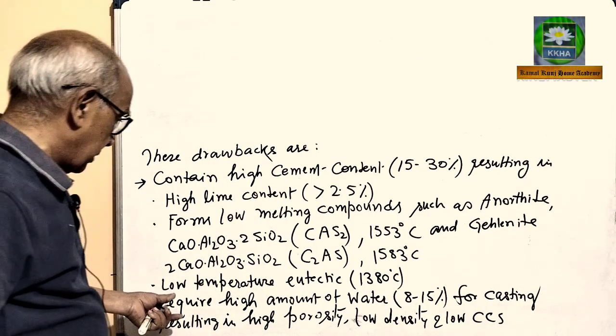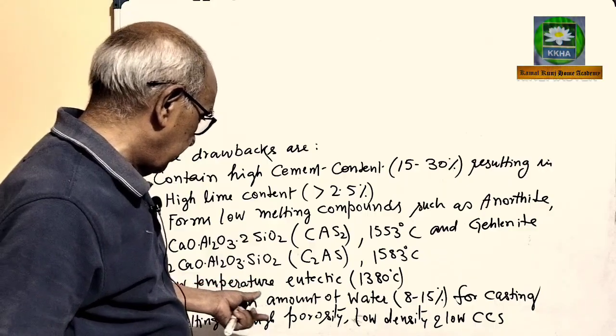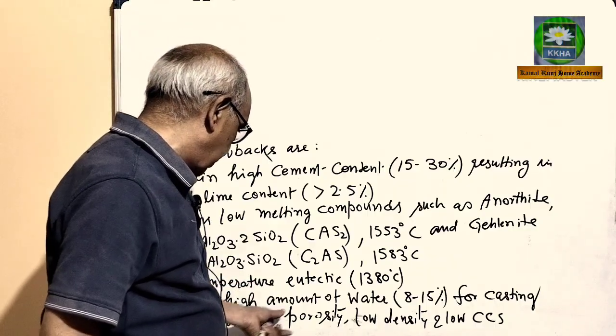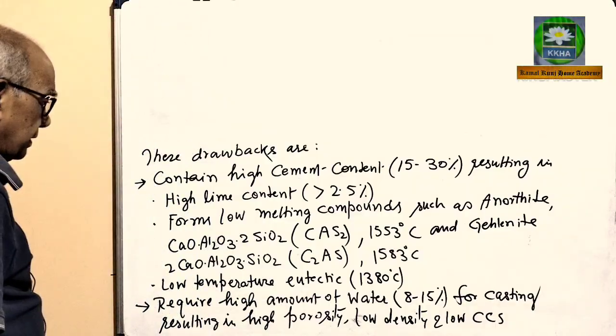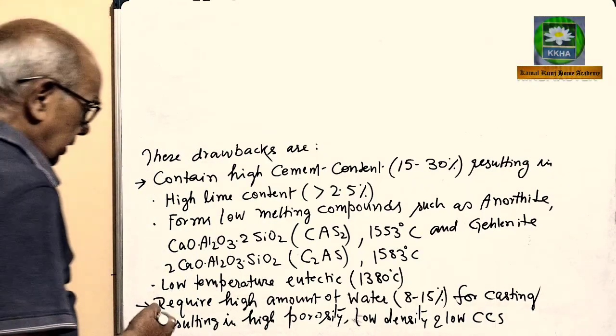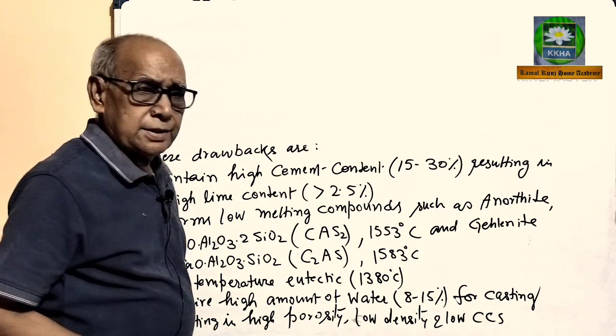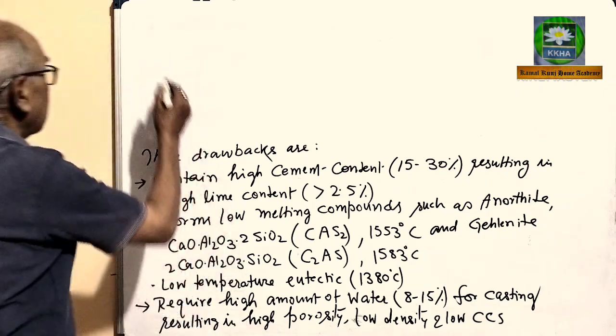Since these castables have high porosity and lower cold crushing strength, due to high porosity, drag resistance is poor.